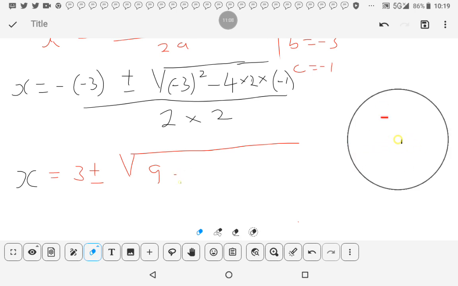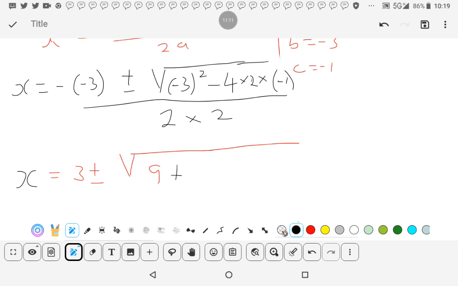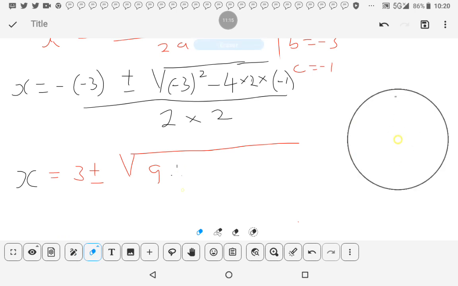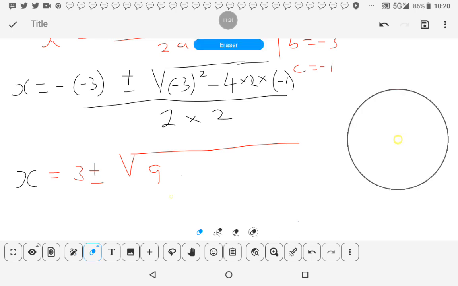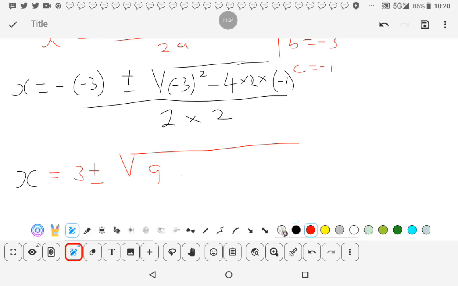You have to take note of the sign. Taking note of the sign is key. Then divided by 2 times 2, which is 4.